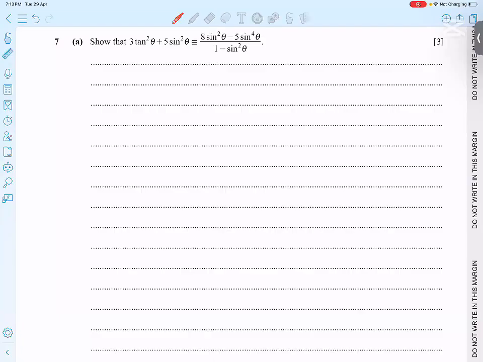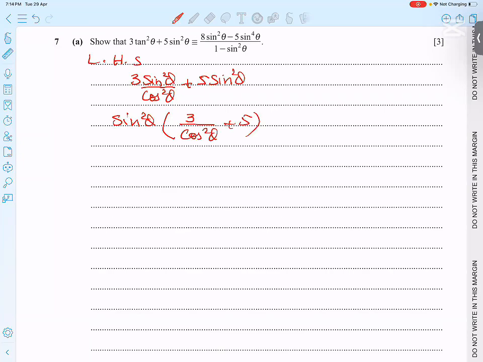Question number 7, students. I will take the left hand side and go to the right hand side, or both options are available. So what is the tan value? Sine square over cos square. And this 5 sine square stays as it is. So what is common from them? Sine square is common. I got 3 over cos square plus 5. 3 over cos square plus 5, if the LCM is cos square, so this stays the same.